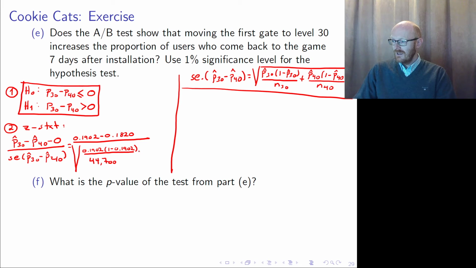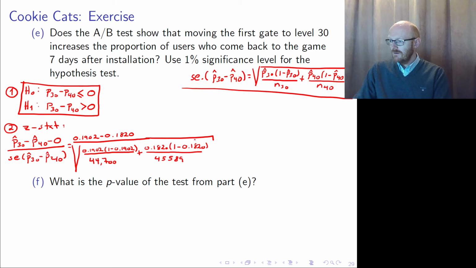And we have to add the other variance, which is 0.1820 times 1 minus 0.1820, divided by 45,589, and we take the square root of that.